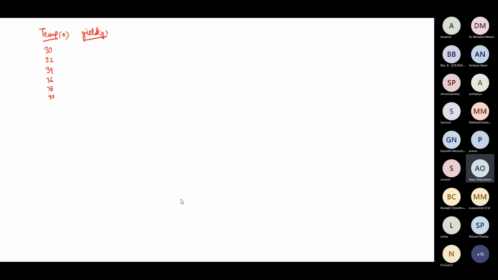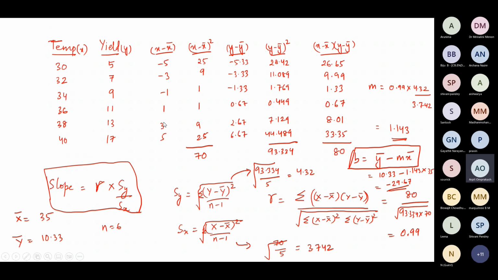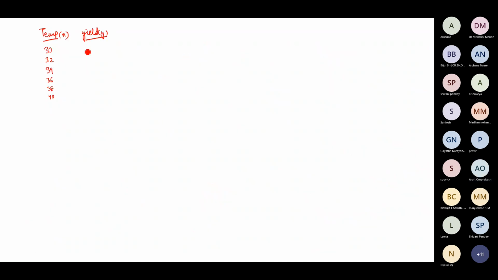Okay. Then for third question, the field values were 5, 7, 9, 11, 13, 7, 9, 11, 13, 17. Here we need to calculate y hat. This is for question number 3. So y hat is given by the equation for linear regression.